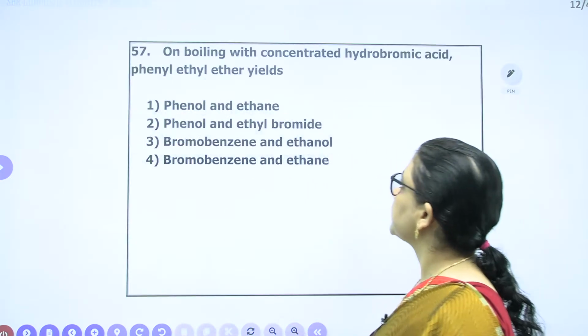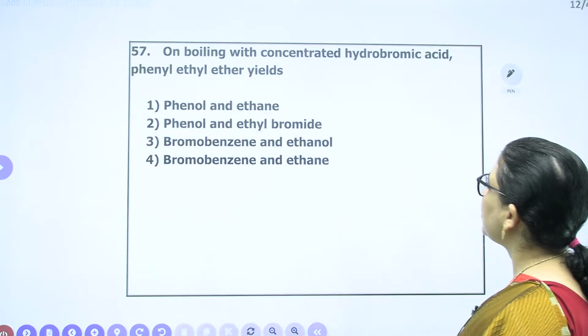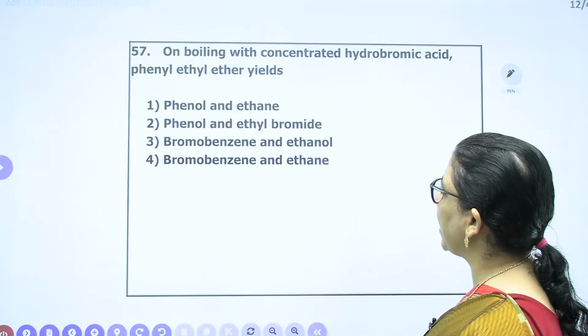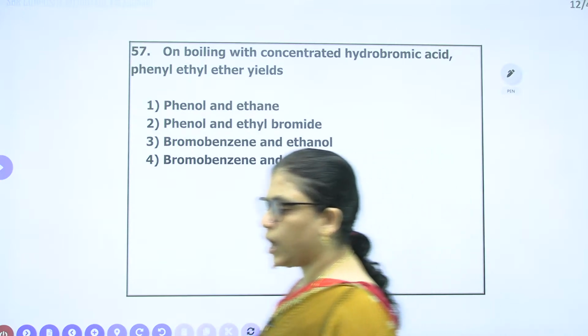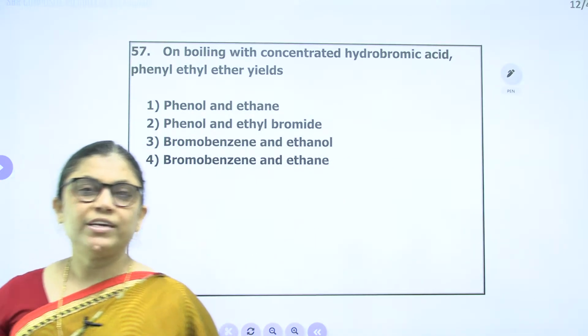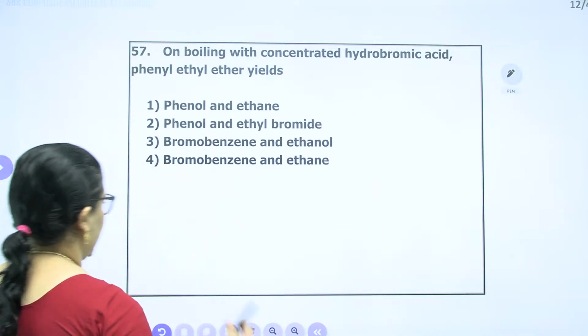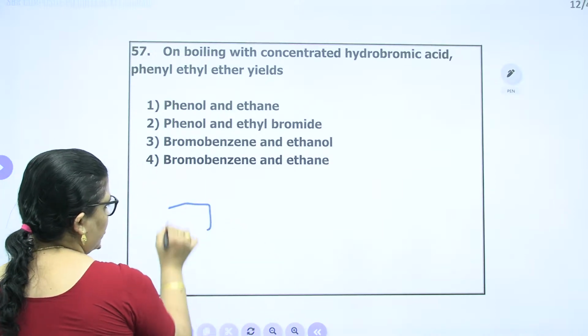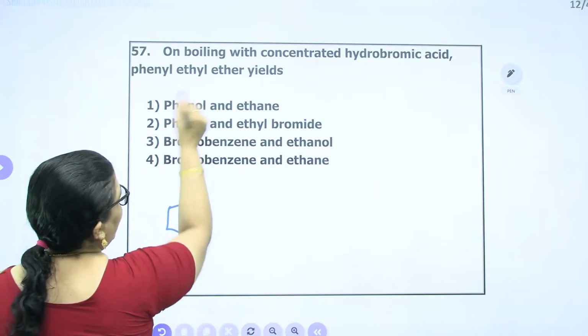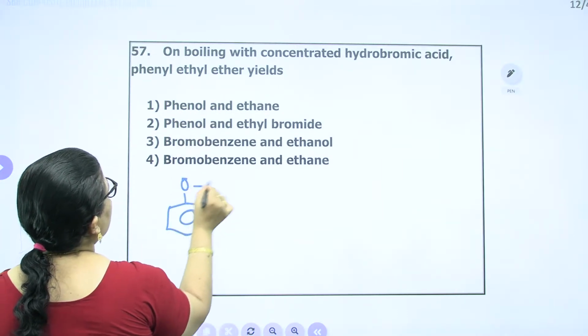57. On boiling with concentrated hydrobromic acid, phenyl ethyl ether. Phenyl ethyl ether means the O will be at the center, with a phenyl group and an ethyl group.